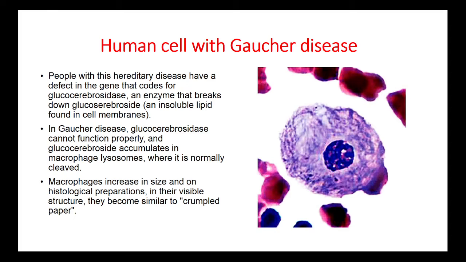In patients with Gaucher disease, this enzyme cannot function properly, and its product, glucocerebroside, will accumulate in macrophages, in lysosomes, where it is normally cleaved.